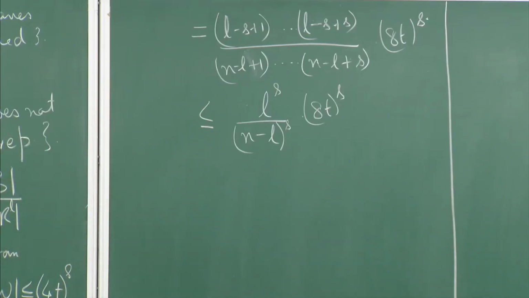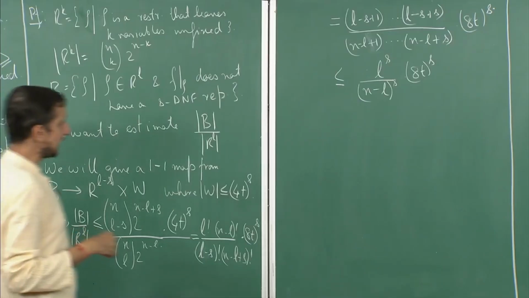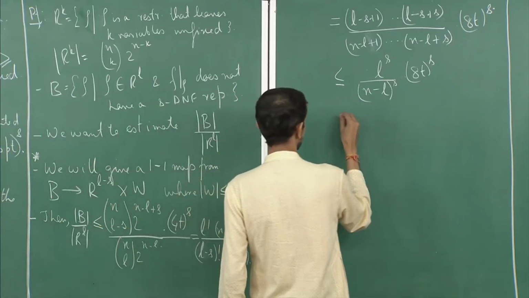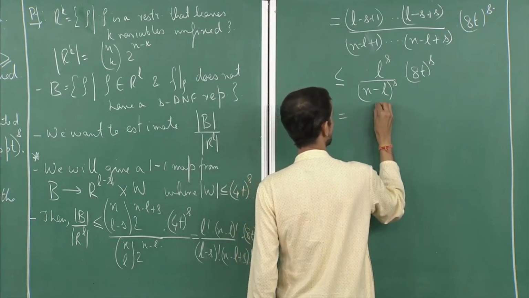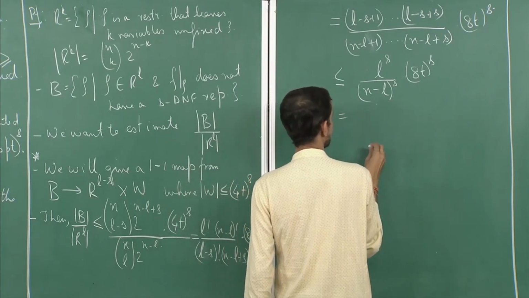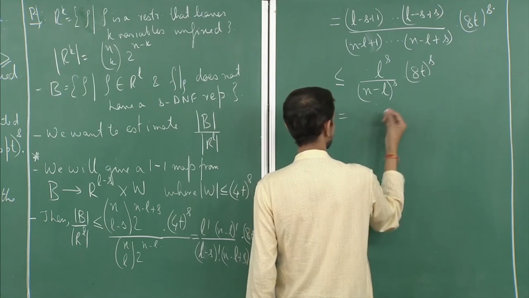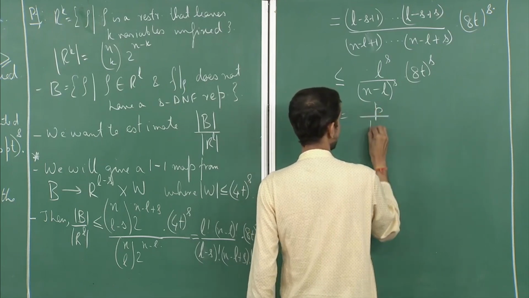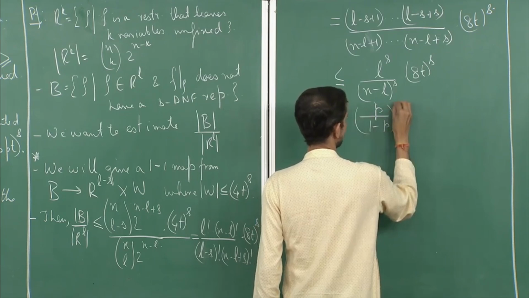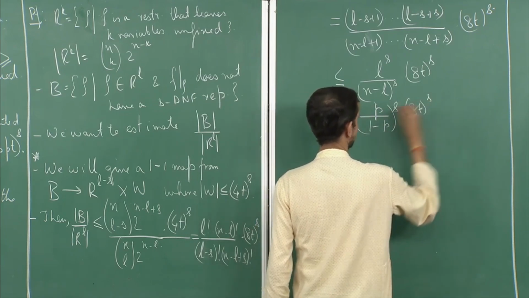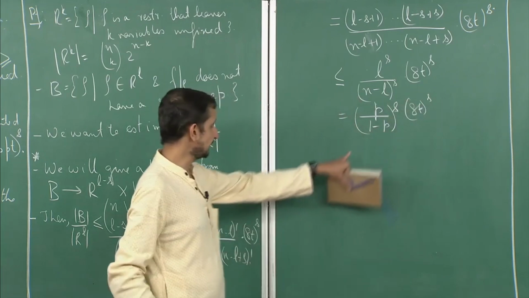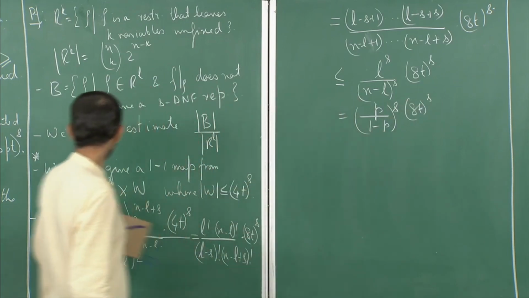And what is L? L is equal to Pn for us. So this becomes Pn by n minus Pn, dividing I get P by 1 minus P whole to the power S, 8t of S. Now, I will use the fact that P is less than half, so 1 minus P is greater than half.